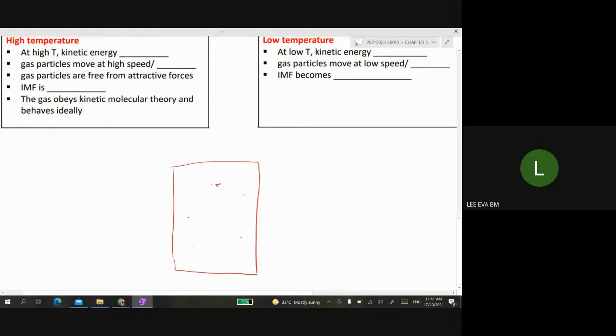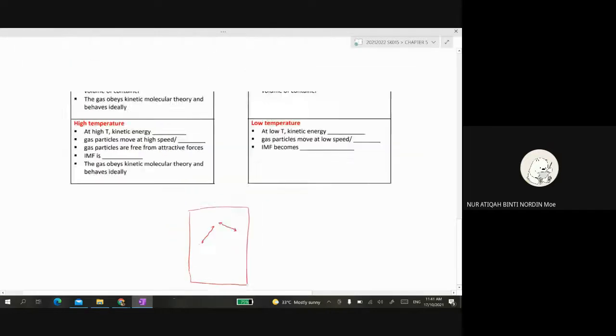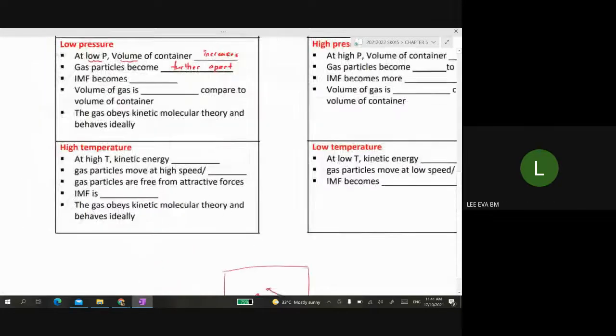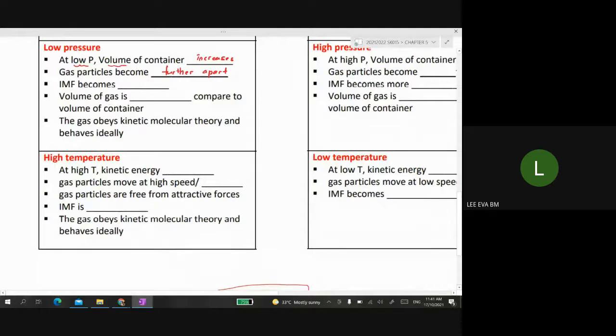So what happens to the intermolecular forces between all these gas particles? Negligible. They become negligible because the volume of the container is so big, making them so far away. So the intermolecular forces become negligible. Try to practice the spelling of negligible.